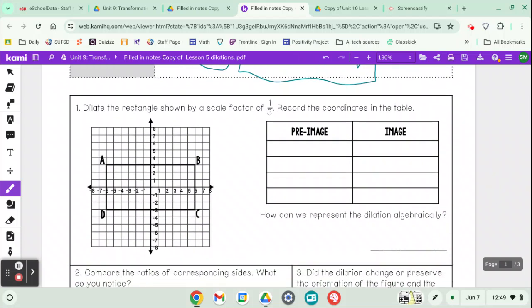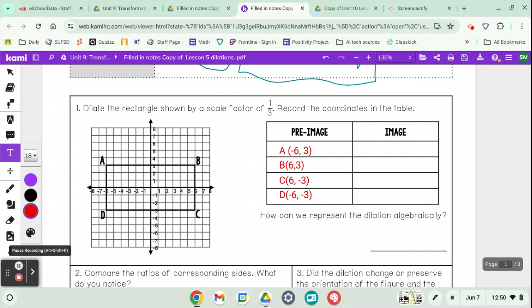Example 1. We are going to dilate the rectangle shown by a scale factor of 1/3. We are then going to record the coordinates in the table. But first, I would like you all to think about the image of this rectangle. After a scale factor of 1/3, will it be larger or smaller?